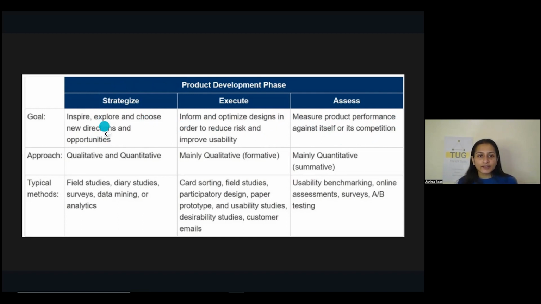So taking a look at these goals, your approaches are going to vary based on what it is you're trying to do. And then you can start to see what are the typical methods. And again, these are just the typical methods. There's no hard and fast rule that you can't do card sorting much earlier on. You definitely can. And I myself do it with information architecture.